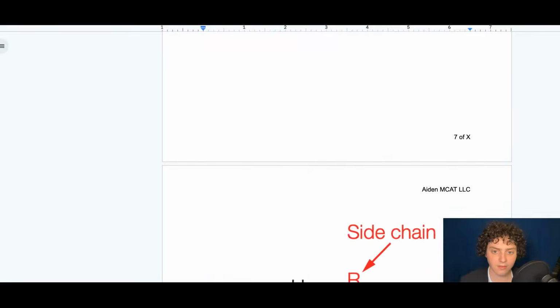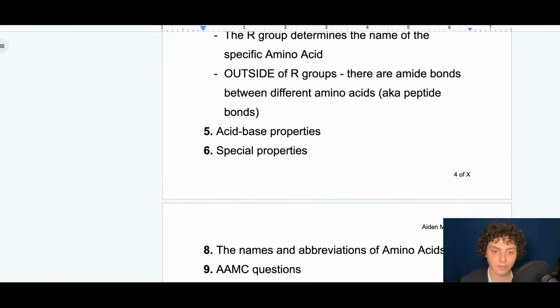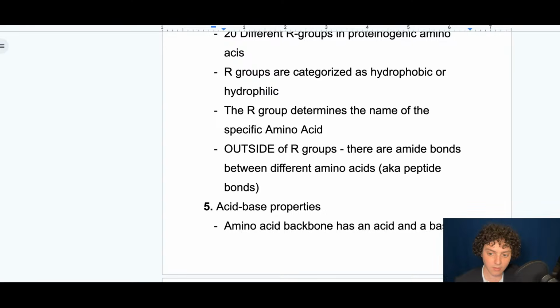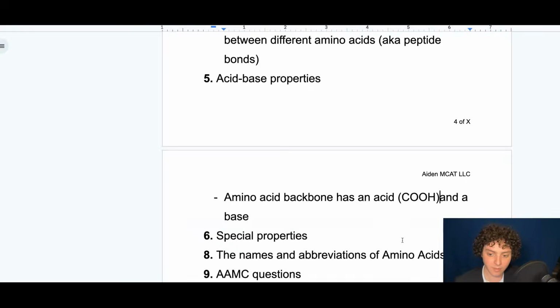Okay, so that is the acid-base properties of the amino acid. The backbone has an acid and a base. So the acid is COOH, and the base is NH2.